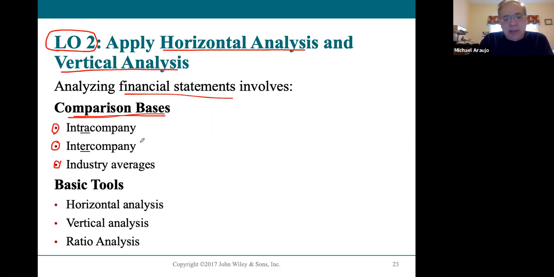And we're going to be looking at things from within inside the company, okay? Again, the basic tools, horizontal and vertical analysis, are part of learning objective 2. What we're going to be doing next week, and what your project is on, is something called ratio analysis, which is a bit more detailed and in depth. So that we get to next class.